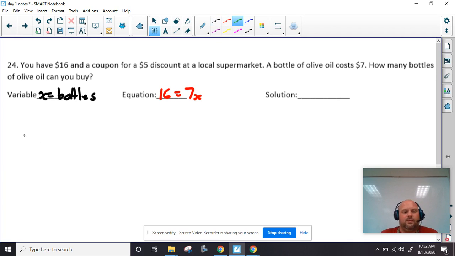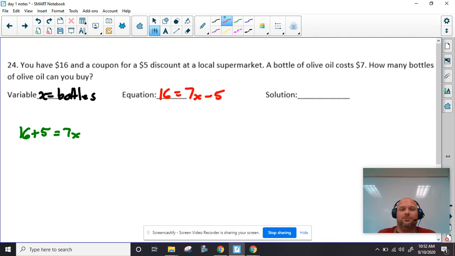Some people are going to think, well, that's like saying I have $16 plus $5. Or some people are going to set it up like this right here, that I actually have this minus that. Either way is fine, because I'm going to show you something.